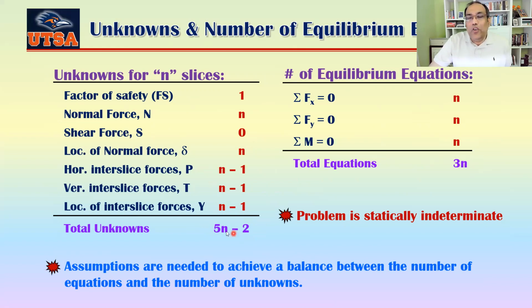So now what we can do, we just make some assumption and try to find out how we can minimize that so that the number of equations would be equal to the number of unknowns. If we can, that's basically all those methods we are talking about.